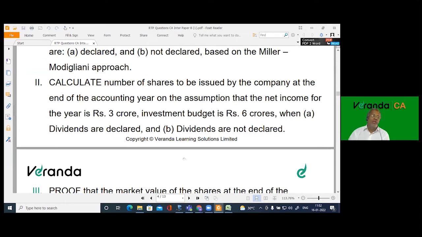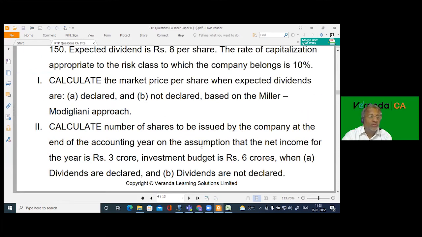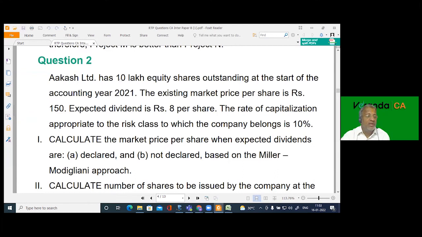Second one: calculate the number of shares to be issued by the company at the end of the accounting year, on the assumption that net income for the year is 3 crores and the investment budget is 6 crores. Now let us see the number of shares that they have, 10 lakh shares.